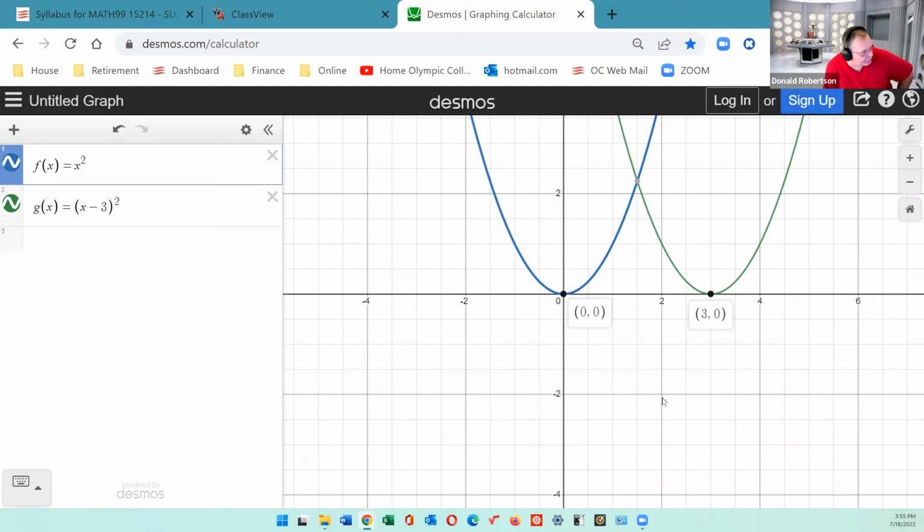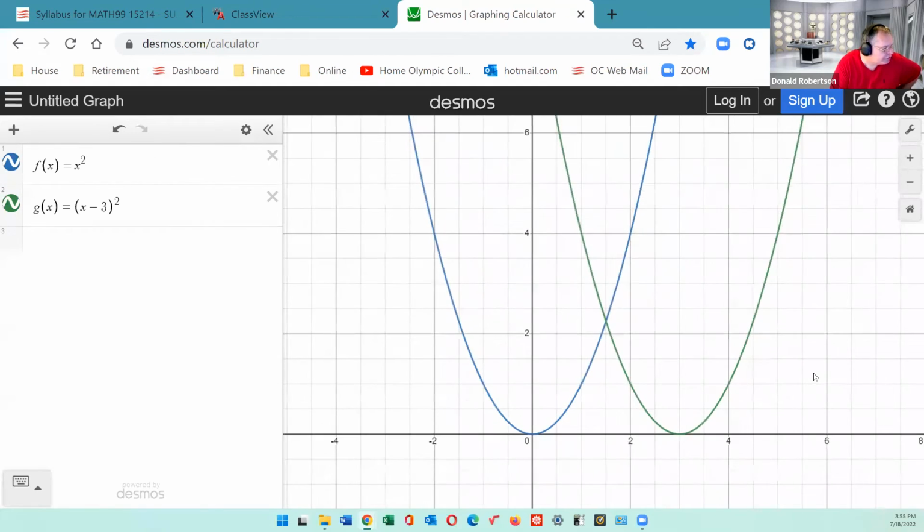When you look at the function f of x, which is the blue curve, and you look at the function g of x, which is the green curve, and I maybe have to move it down a touch, would you agree that they are identical in shape? They're just in a different location. And that 3 that was here, I'll have to put back now.